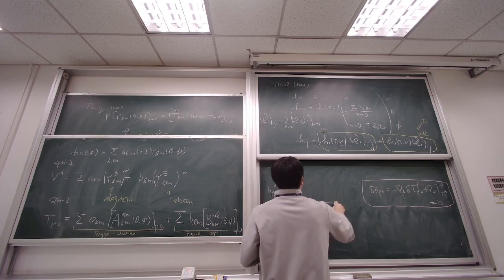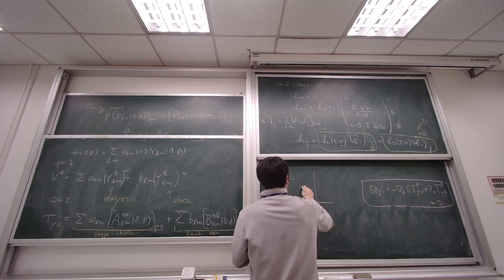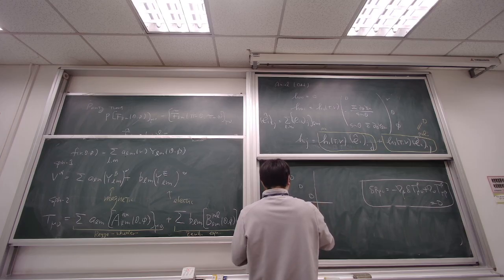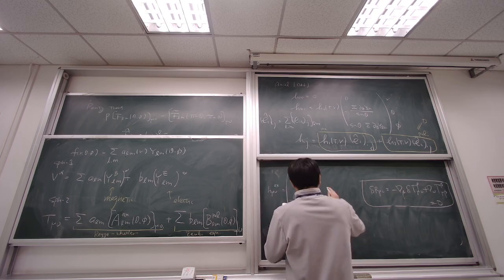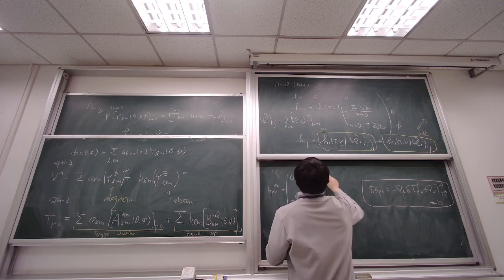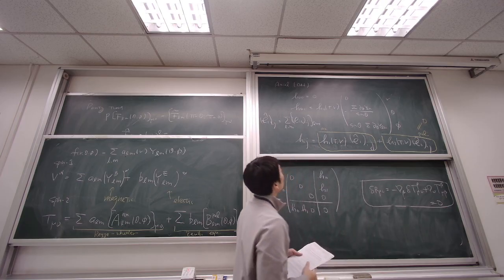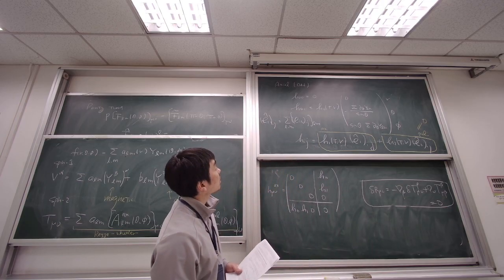This 3 by 3 block is all 0, and everything else is 0, with H0, H1, 0, and then 0, 0, H1, and H0. Okay, so that's the form we will get.